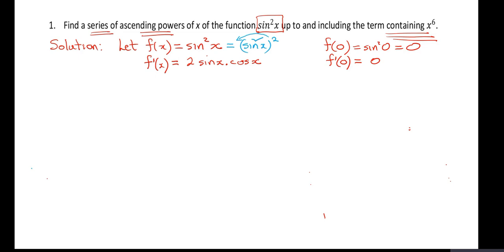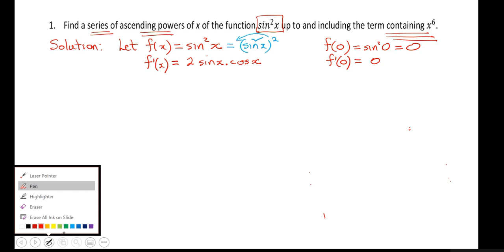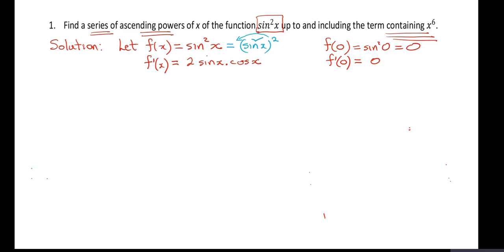Now, at this point, look at this carefully. If I want to differentiate 2 sine x cos x, I will do that on the side. So what is the derivative of 2 sine x cos of x?